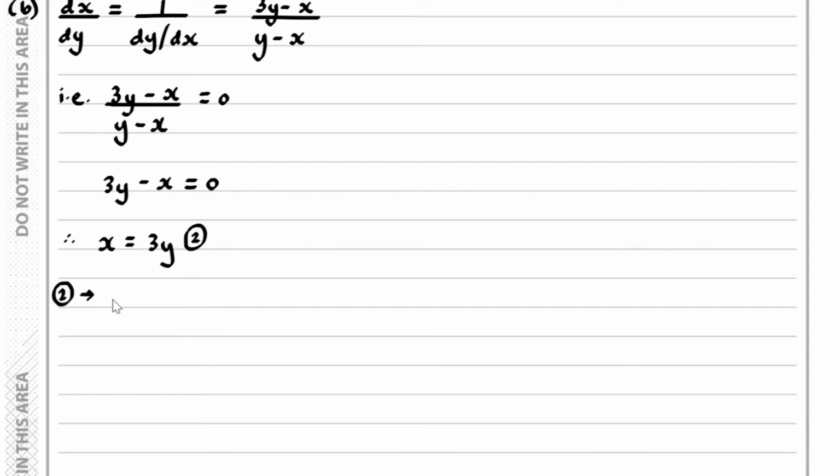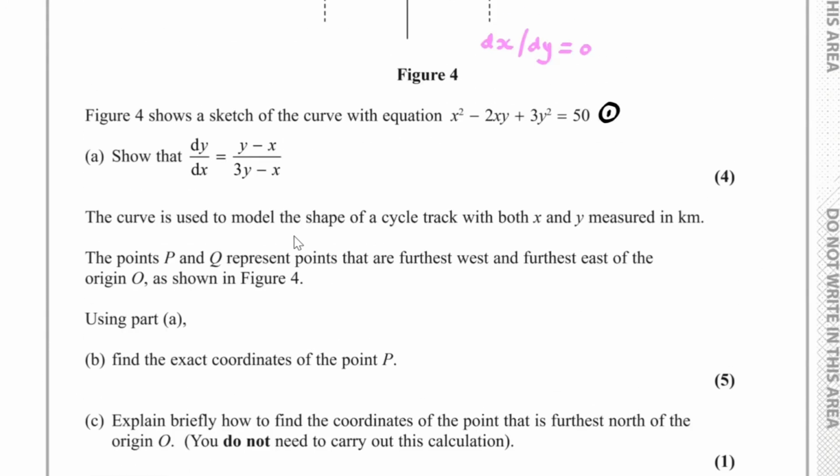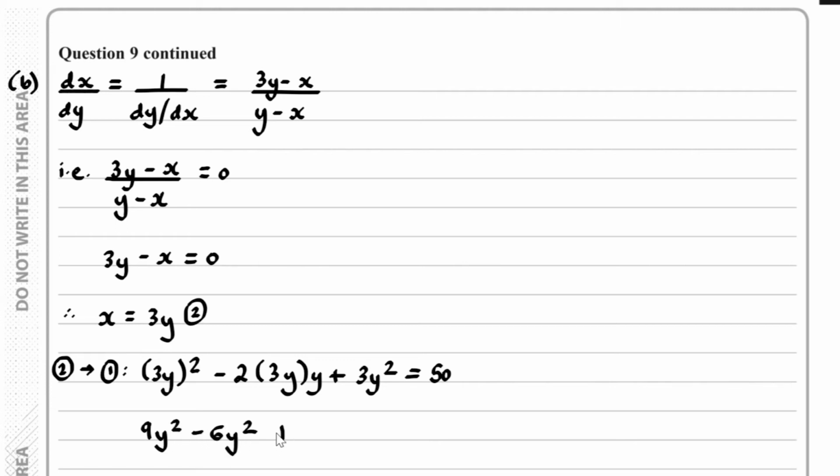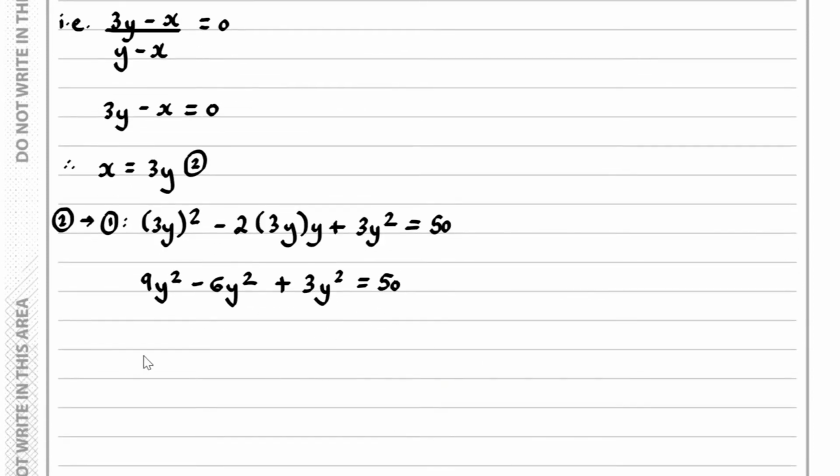So I've got x squared, so that's going to be 3y squared minus 2xy, so that's minus 2 times 3y times y, plus 3y squared. All of this is equal to 50. So I've got 9y squared minus 6y squared plus 3y squared equals 50. y squared is equal to 25 over 3.